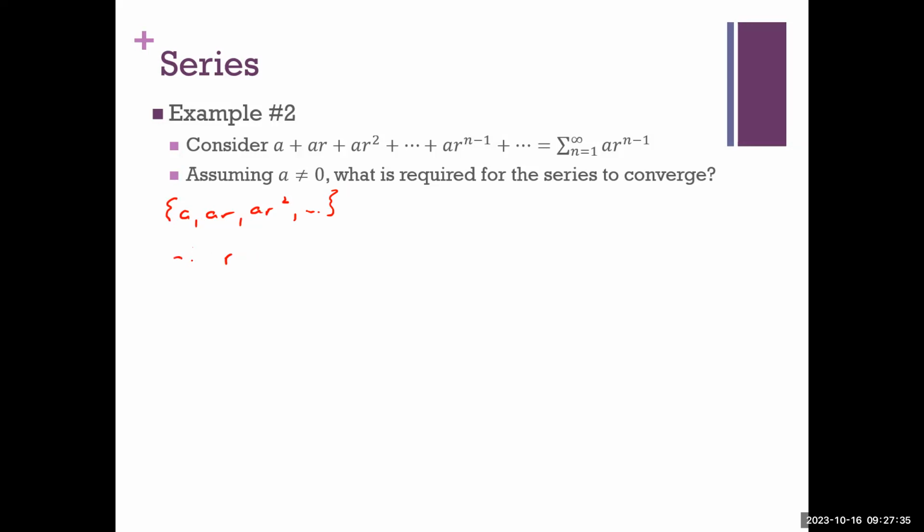I think we said that R had to be bigger than -1, less than or equal to 1, right? If R is equal to 1, you just get the same thing over again, right? If R is equal to -1, it alternates, which means it can't converge. So under these conditions, the sequence converges. Now I'm asking a slightly different question. Under what conditions does the series converge?